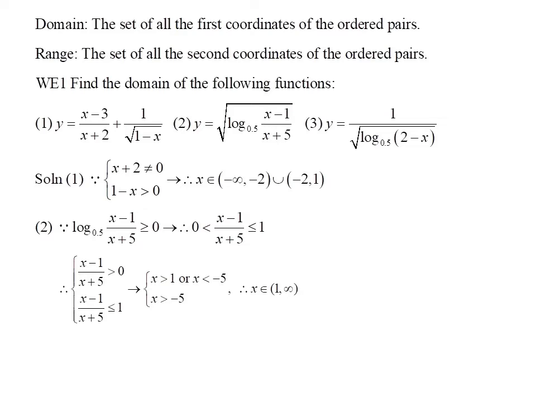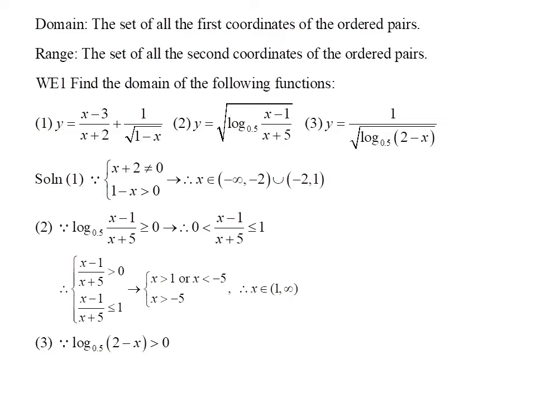the domain of x greater than 1 is obtained. As for the last function, the rule is 1 over the square root of log base 0.5 of (2 minus x). Since the logarithm is inside the square root in the denominator, the logarithm of (2 minus x) to the base 0.5 must be greater than 0.